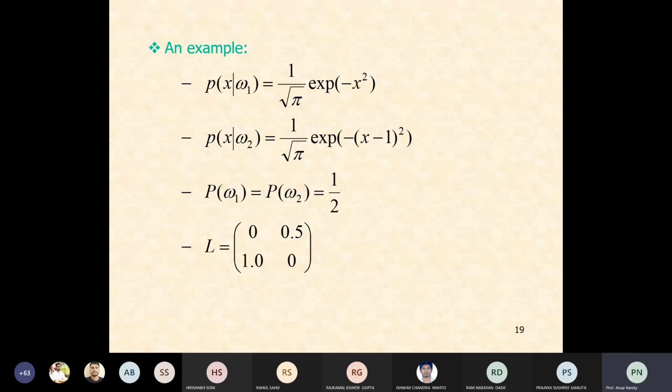Then you have to compute the threshold value x naught for minimum error probability and for minimum risk. For the minimum risk, the loss matrix is given as 0, 0.5 and 1.0, 0. What will be your answers? Can anyone just give me the idea?